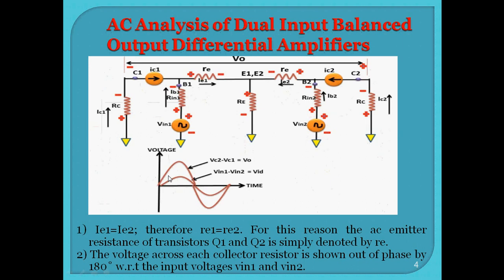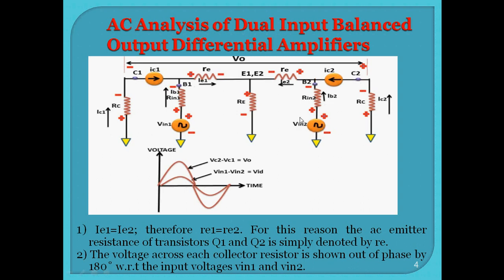Now we can see here the different currents flowing into the input terminals and out of the output terminals of the T equivalent transistors. The IC1 current is flowing through the RC resistor to the collector C1. Similarly, through this resistor RC, IC2 is the current flowing.